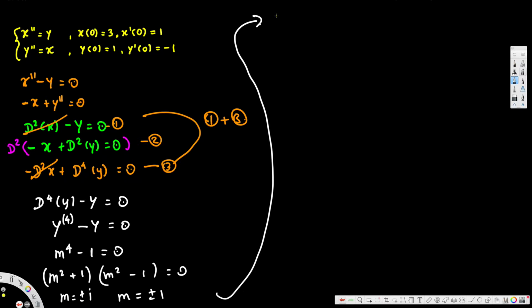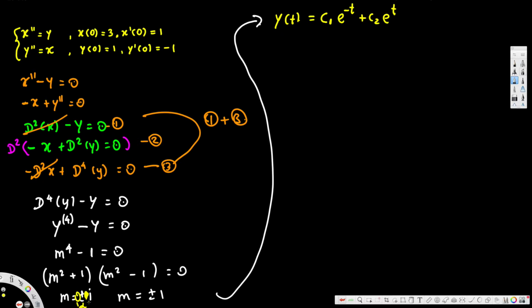So let's write the general solution of y of t. General solution of y of t, because y is the only term remaining, so the solution is going to be in terms of y. y of t is going to be, for the general solution, if we have distinct real roots, the pattern for the general solution will be like this. We will have a constant c1 e to the power minus t plus c2 e to the power t, and then if it's a complex number, here alpha is 0, beta is 1.